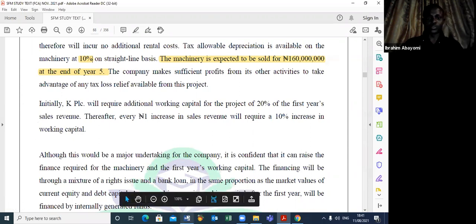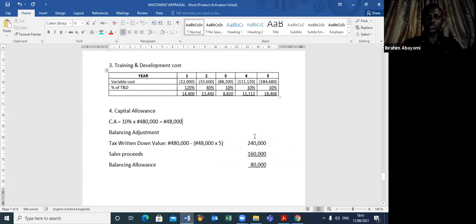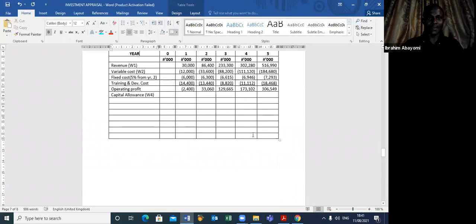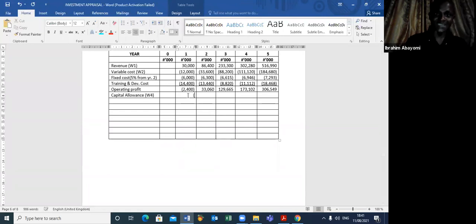Let us continue. So I will go to my cash flow table. I put my capital allowance, and it's going to be deducted because it's an allowance. 48,000. Let me just copy this and paste here. 48,000, 48,000, 48,000.